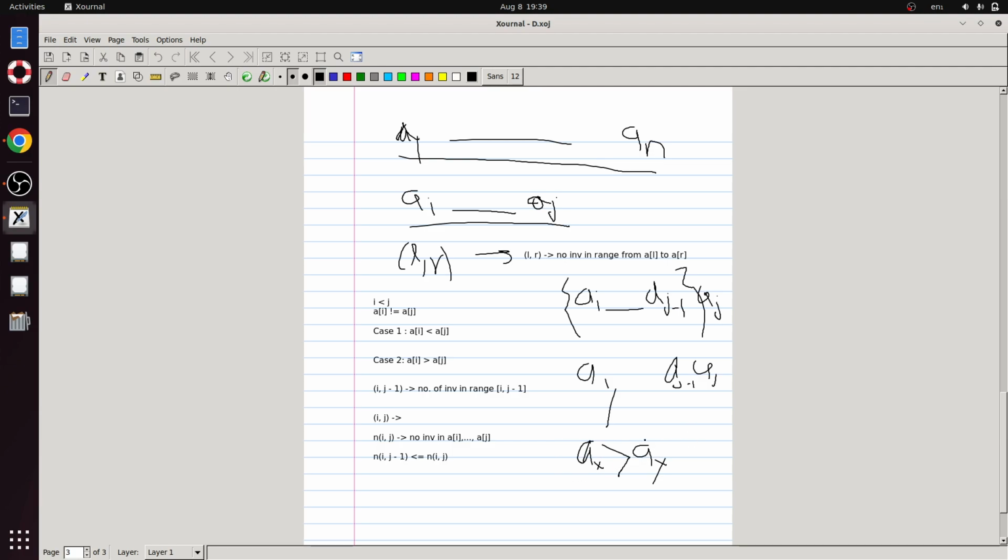Now what happens when an inversion is included in a of I to a of j minus 1? In that case, a of x and a of y both must lie in this range, from over here to here.